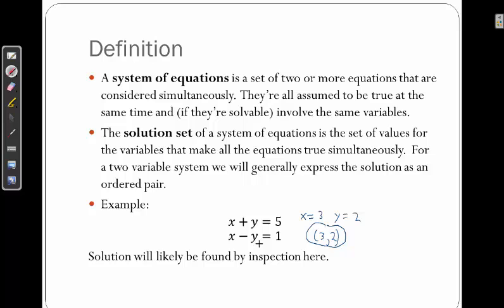Graphically, you can tell where a solution is going to be by looking at the graphs, so let's graph them and see. This would be y equals 5 minus x, if I solve for y, and y equals, subtract the 1 over, add the y over, y equals x minus 1.